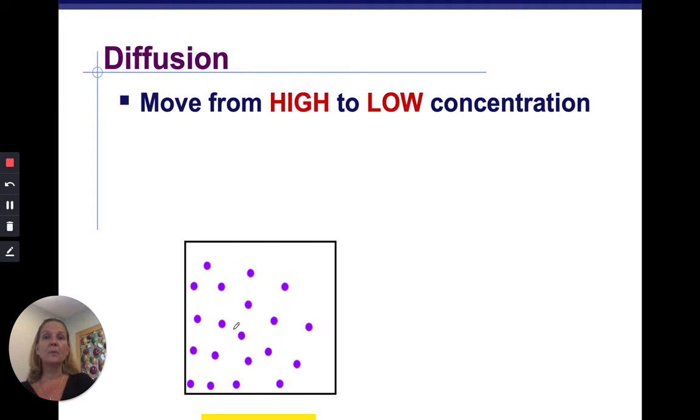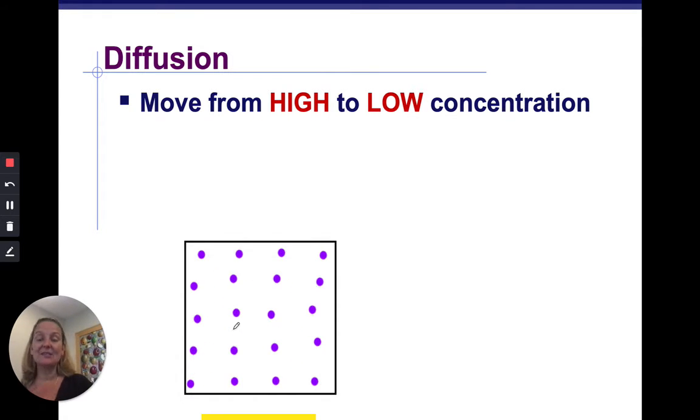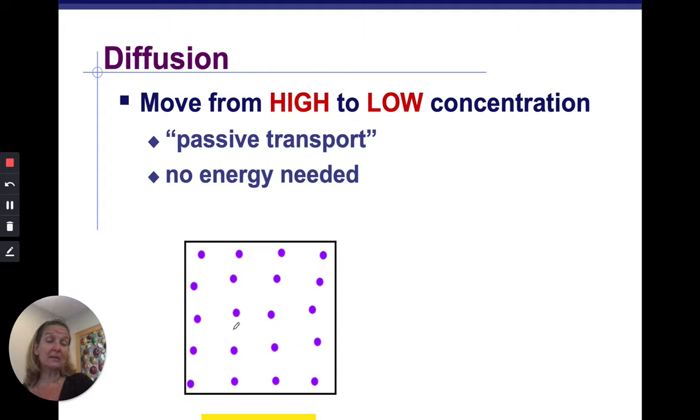Okay, so here's just a little animation, very high tech, showing diffusion. And diffusion is the movement of molecules from high concentration to low concentration. This is also known as passive transport because it does not require any energy in the form of ATP. You're going to learn a lot about ATP this year, and ATP is basically the energy currency in our bodies, in all biological systems.